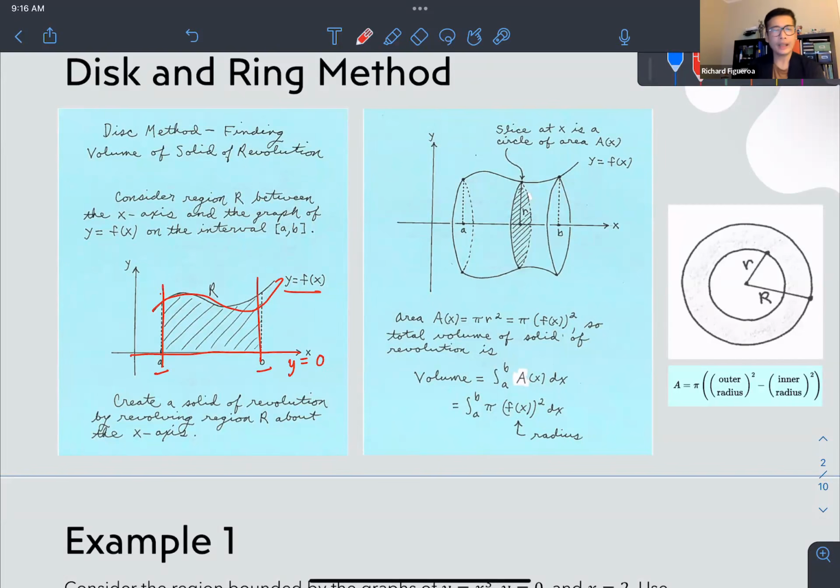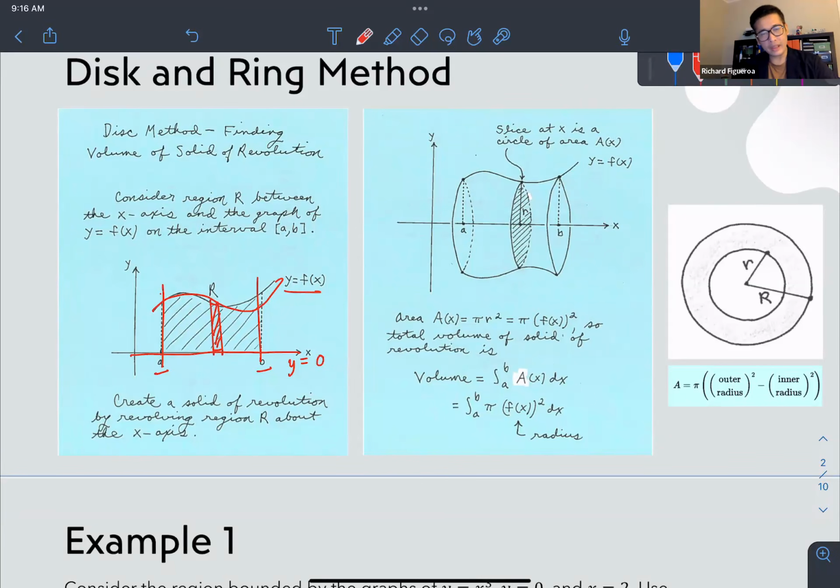Considering that area, we can compute it using the formula that we had for plane areas in rectangular coordinates. Meaning, if I represent it using a vertical strip, I'll be able to get that area. But in solid figures, we can revolve that area with respect to a certain axis.